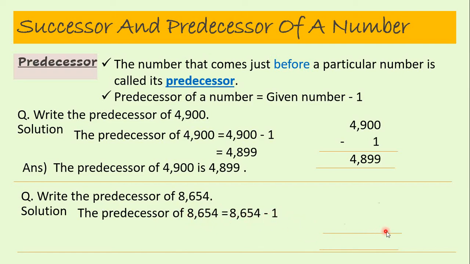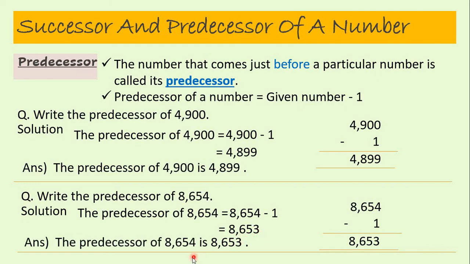Now we have to subtract 8654 less 1. We know that 1 will be placed below 1's place. So 4 less 1, that is 3. So the number is 8653. Answer. The predecessor of 8654 is 8653.